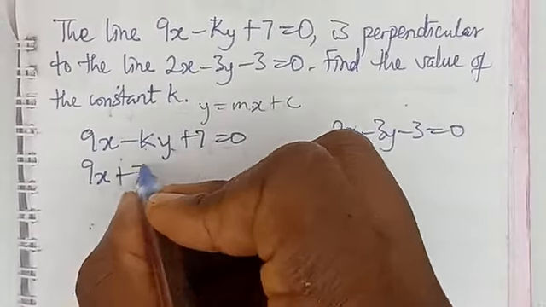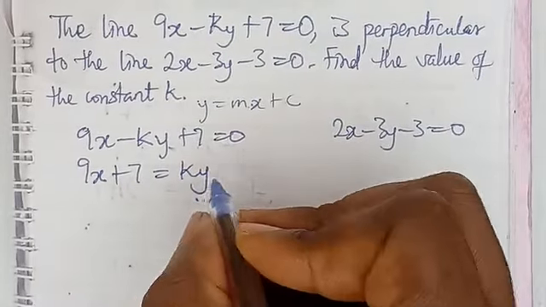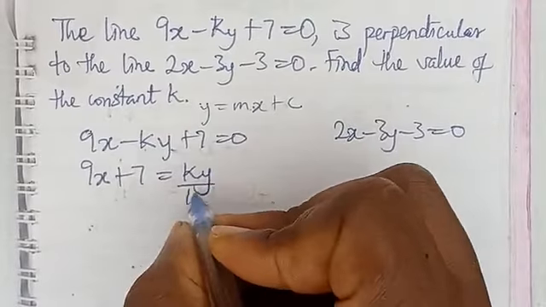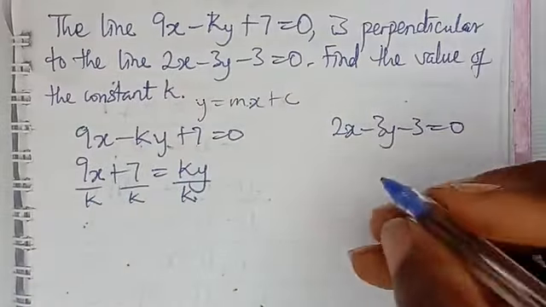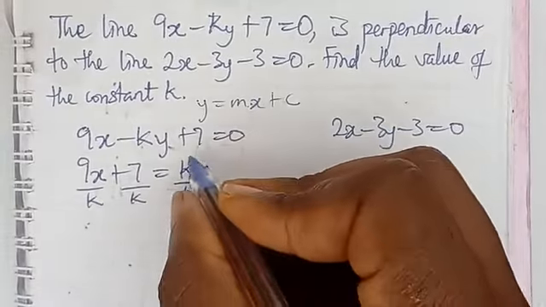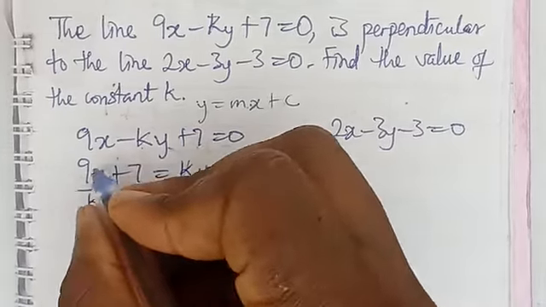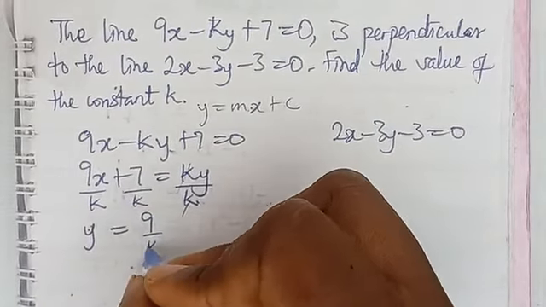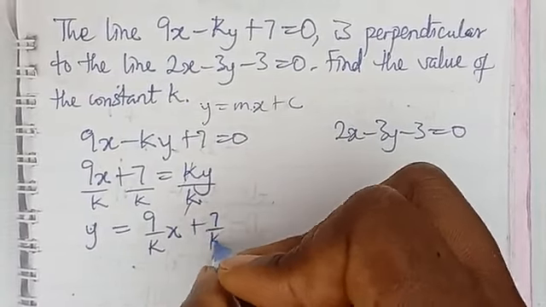So 9x plus 7 is equal to ky. Now we divide everything by k. We are going to now have that y is equal to 9 over kx plus 7 over k.